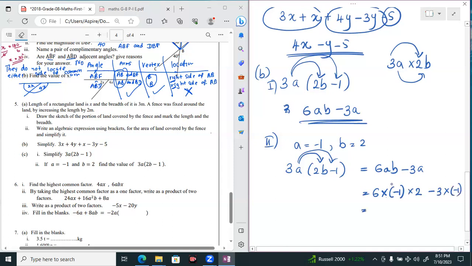Then 6 into minus 1, it is minus 6, into 2, it is minus 12. Subtract minus 3 into minus 1, it is plus 1. Here it is two different sign numbers. Addition, then subtract small one from large one, it is 11. The sign of the large one is minus, therefore answer is minus 11. Okay.